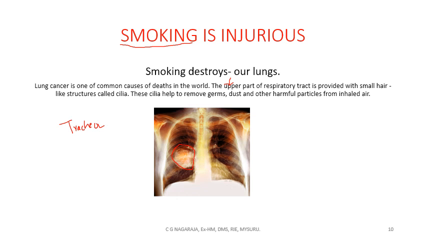They have a very thin, delicate structure, and they contain a large number of cilia, hair-like structures. These help to stop entry of germs into the alveoli. They also avoid dust and other harmful materials.